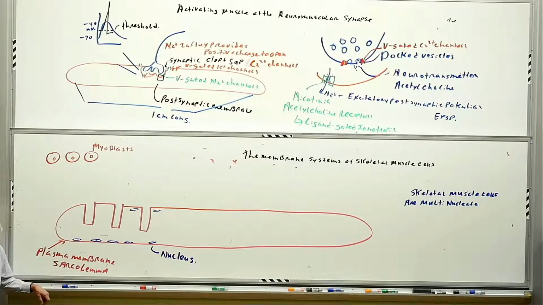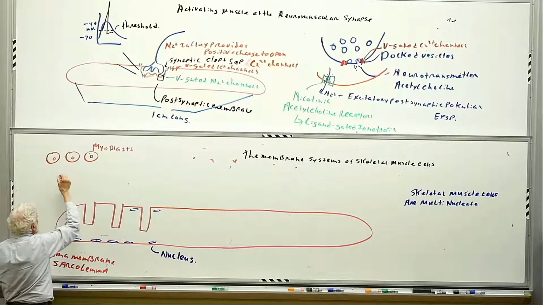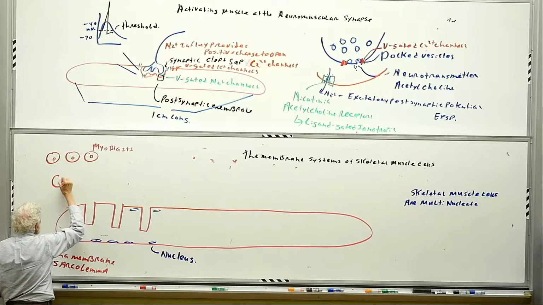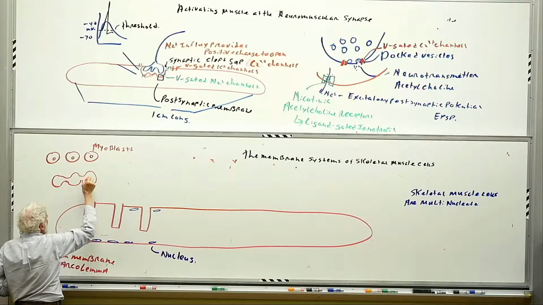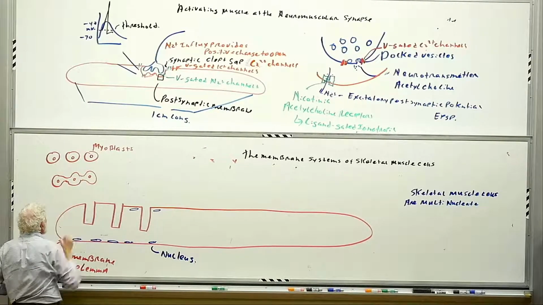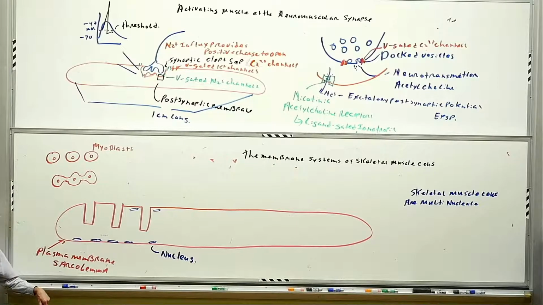And there are signals between these myoblasts that tell them to fuse one to another. So this myoblast fuses with its neighbor, which fuses with its neighbor. And each one of these myoblasts contributes a nucleus.